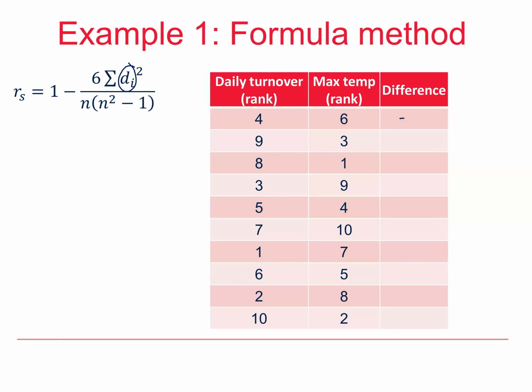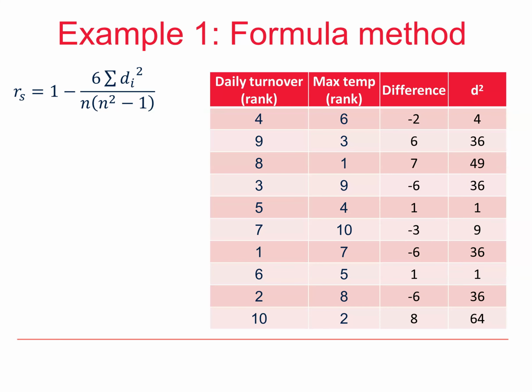So 4 minus 6 is minus 2, 9 minus 3 is 6, 8 minus 1 is 7, 3 minus 9 is minus 6, and so on. Now square these differences. So minus 2 squared is 4, 6 squared is 36, and so on. And add them up. The sum of the d squareds in this case is 272.